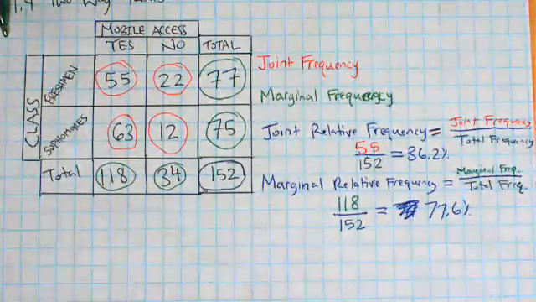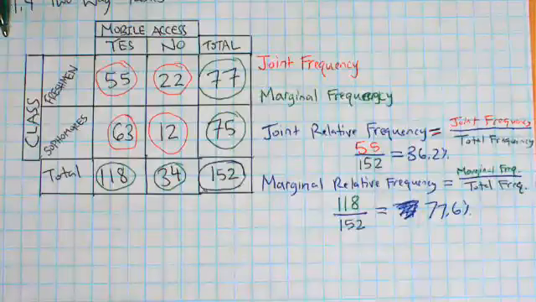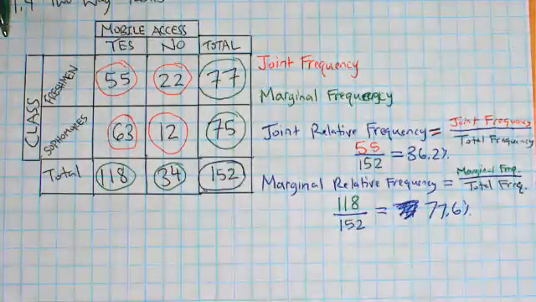And then we have one other final relative frequency. And this one is probably what I would say is the most difficult to think about. And that is our conditional relative frequency.